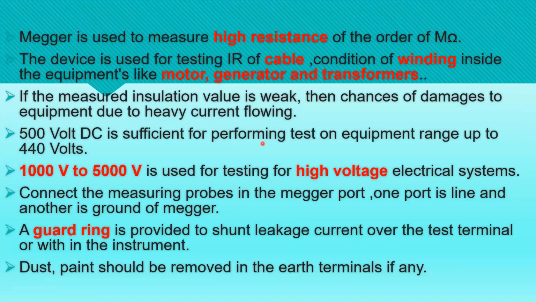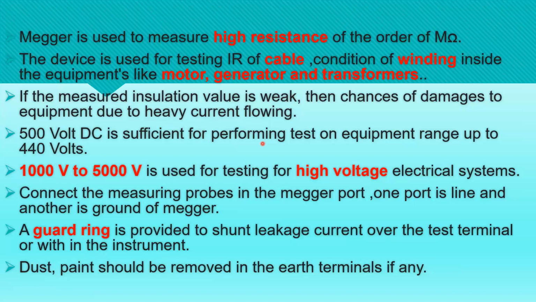Whenever we do winding measurement in generators, we disconnect the power diodes, because diodes work at small voltages and should not get damaged. So we remove the electronic equipment. These are all the precautions for the measurement of insulation resistance.